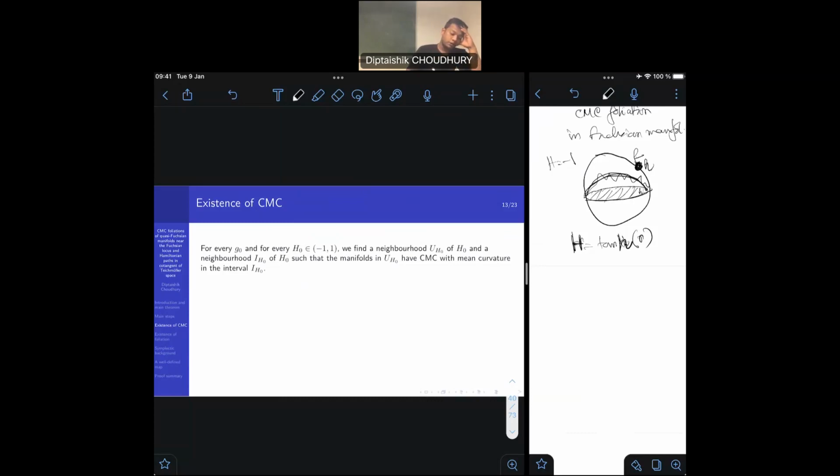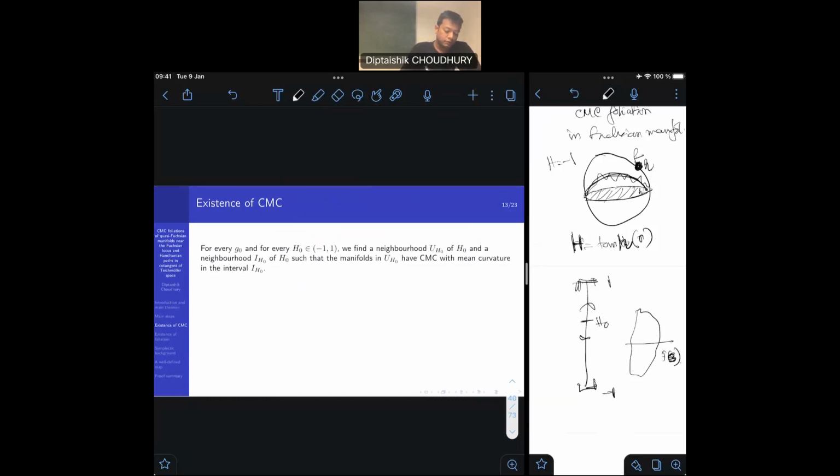And for that, what we do is that if you break up this interval 1 to -1 into this line, if you just see this, and then there is the Fuchsian locus here, then what we have shown is that for every value of h0 here, there is an interval, h0 minus epsilon h0, h0 plus epsilon h0, let's just say dependent on h0, such that there is a neighborhood of the Fuchsian locus which contains a quasi-Fuchsian manifold with the CMC surface in that mean curvature range.